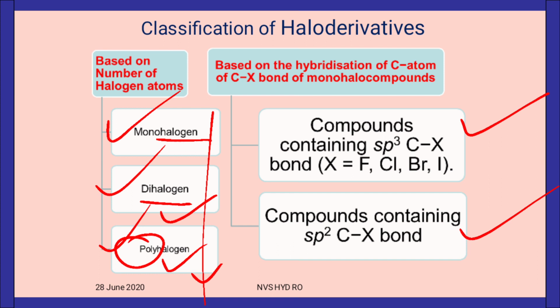So compounds containing an sp3 CX bond, where X could stand for fluorine, chlorine, bromine and iodine. And I told you that most of the time you will see chlorine and bromine, because fluorine is very reactive and iodine's reaction is very slow. Okay. Compounds containing an sp2 CX bond, it's the hybridization.